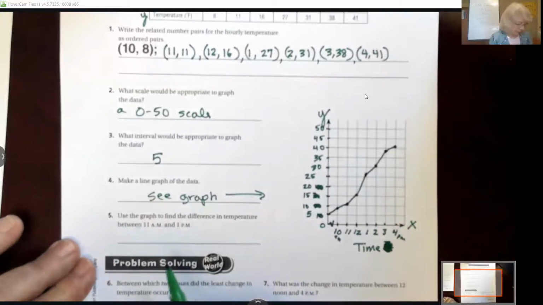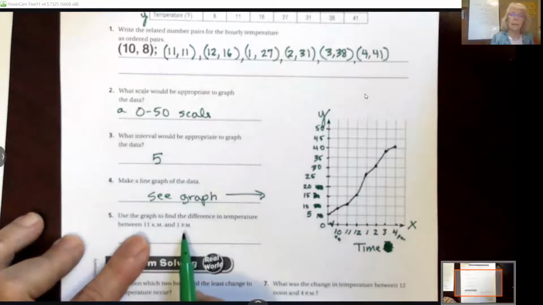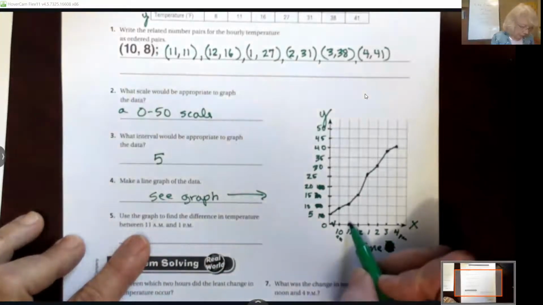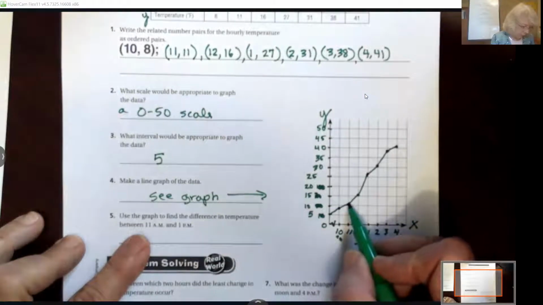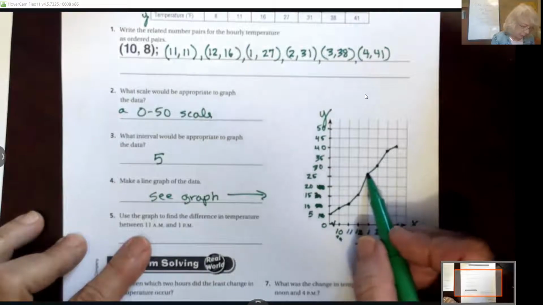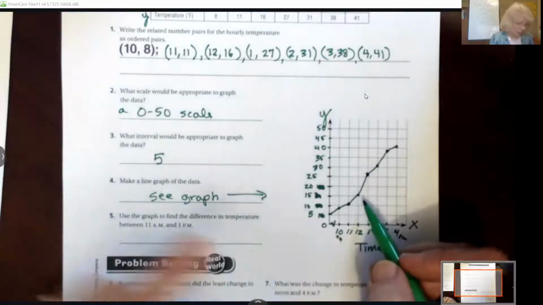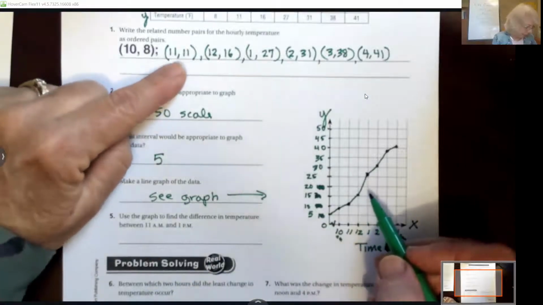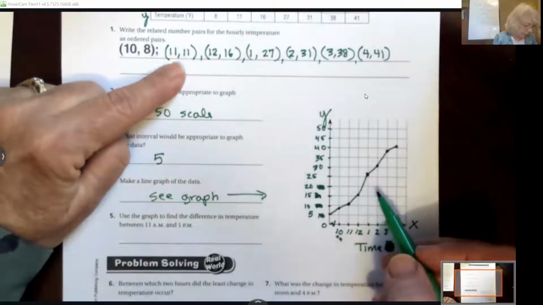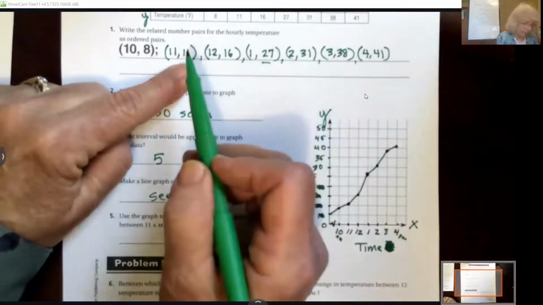So now they're asking us to use the graph to find the difference in temperature between 11 a.m. and 1 p.m. Well, we would go to 11 and look up here to see where that data point is. Go to 1, see where that data point is, and figure out the difference in height. Now, we also have that data up here, which is for 11, our temperature is 11, and for 1, our temperature is 27.